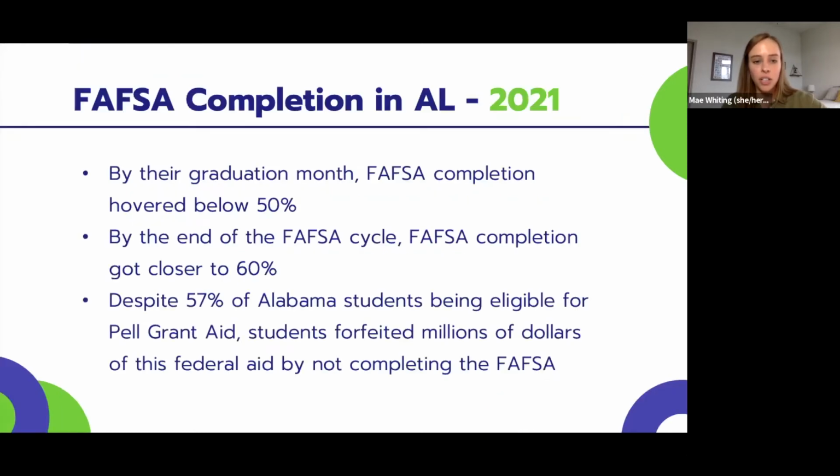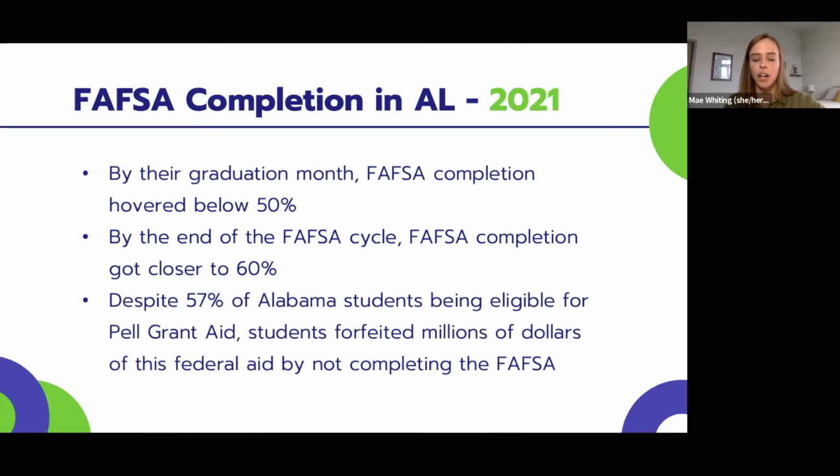So really quickly, we want to take a look at last year. In Alabama, for the class of 2021, they hovered below 50% completion by the time of their graduation month. And that did get a little bit closer to 60% by the end of the FAFSA cycle.